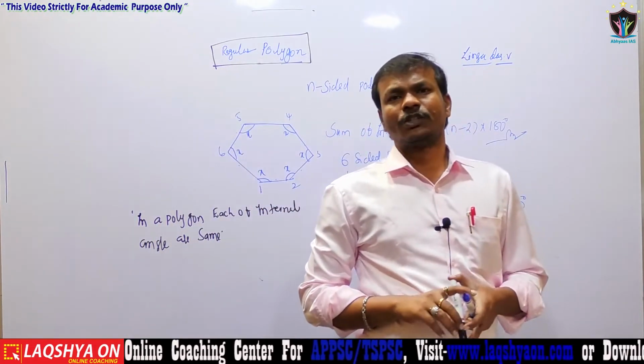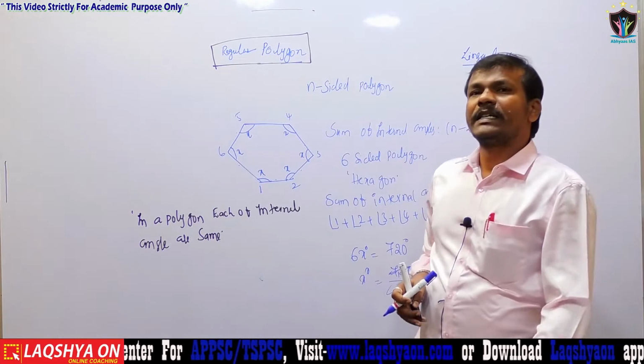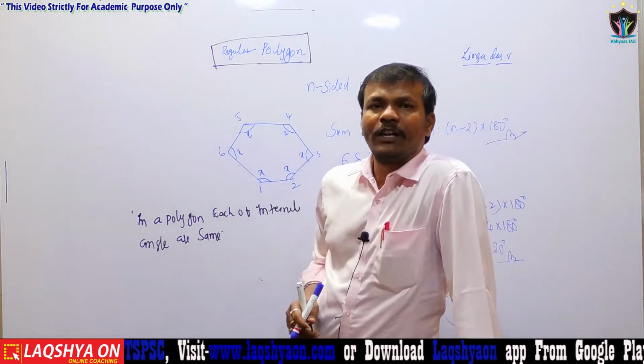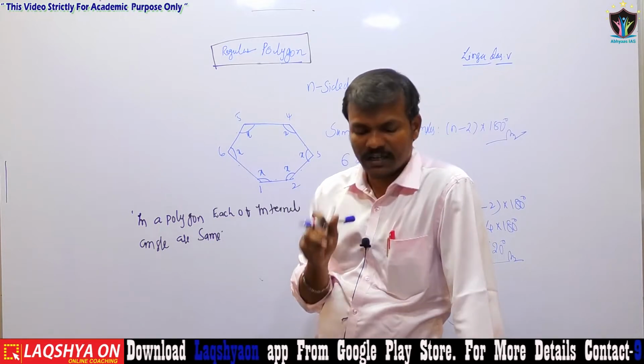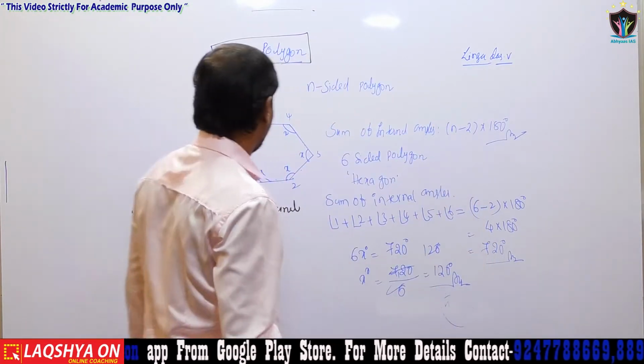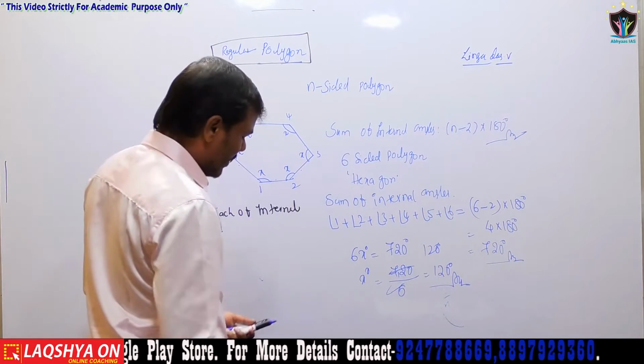Is it clear? A regular polygon is nothing but one in which each of the internal angles is the same. That is about the internal angle.